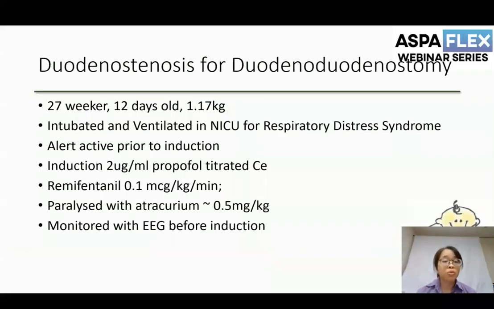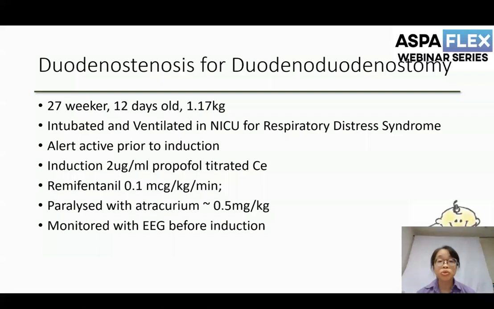Okay, so we will talk about this baby, who is a 27 weeker, 12 days old, 1.17 kilogram, diagnosed with duodenal stenosis, planned for duodenostomy. Now, he was already intubated and ventilated in NICU for respiratory distress syndrome, but prior to induction, he was alert and active.